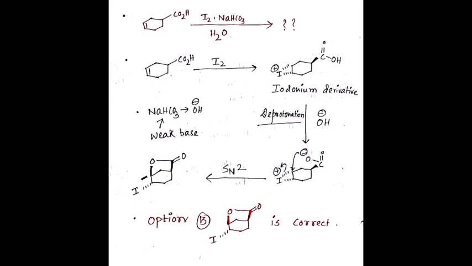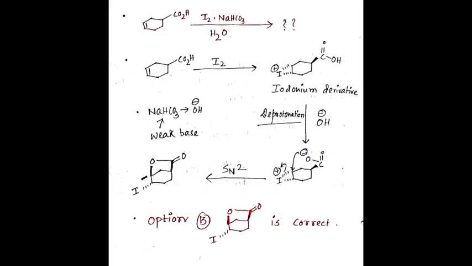Here the cyclohexene derivative in the presence of iodine mainly forms an iodonium derivative. If we just focus on the stereochemistry, the iodide, the three-membered ring and the carboxylate group must be opposite to each other.